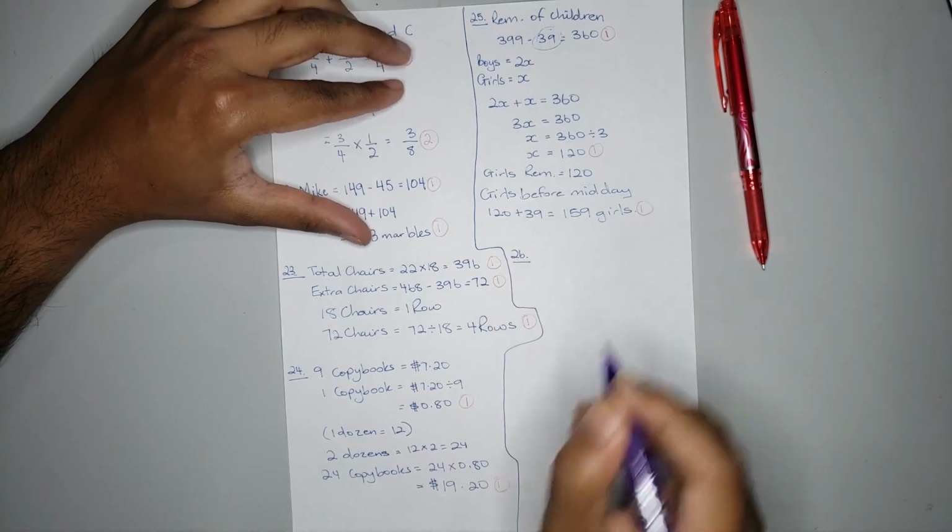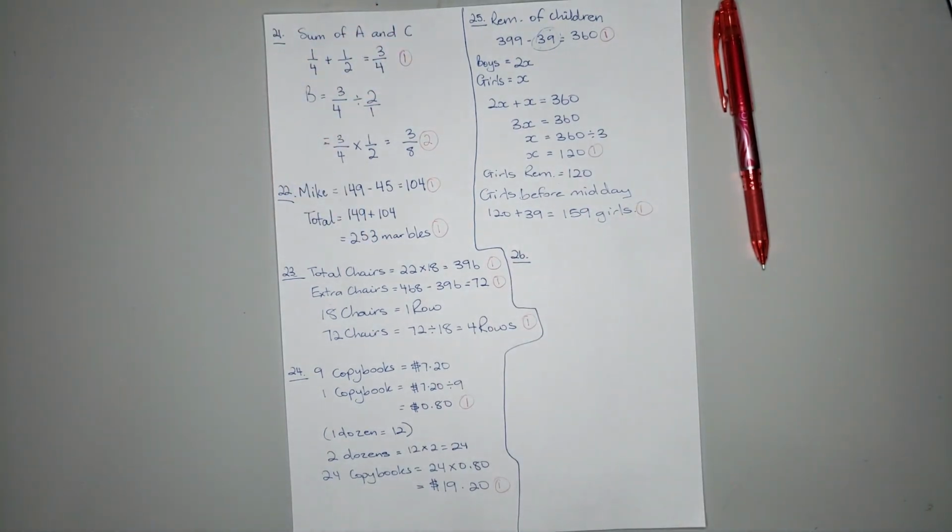Number 26. Number 26 states, Aline puts a total of 45 toys onto 3 shelves. He puts at least 13 toys on each shelf. Complete the table to show one way he could put the toys onto the shelves. Good. So they said it is at least 13.